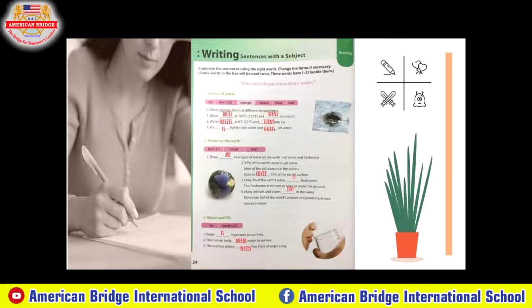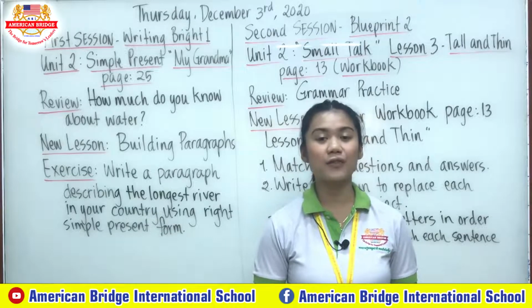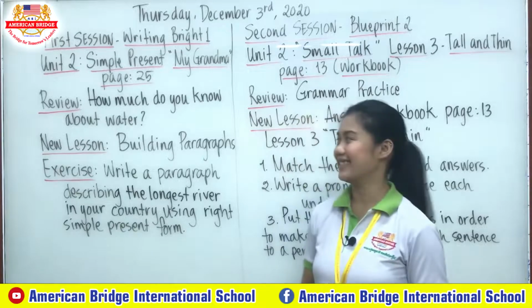Now for our final part, water and life: water blank important to our lives. So instead of using B, we change this one to is. Water is important to our lives. So that is our review lesson from the previous lesson.